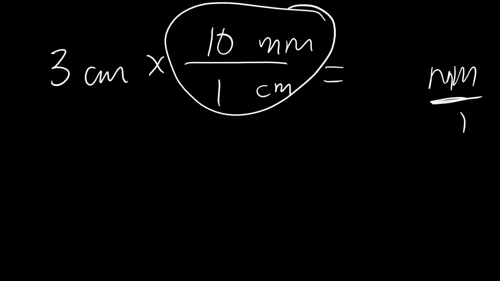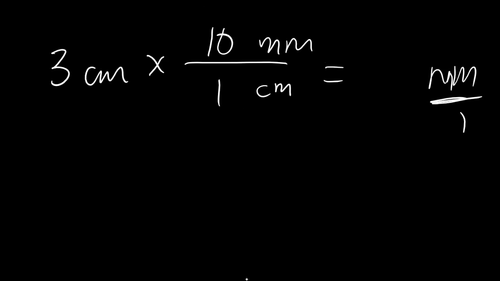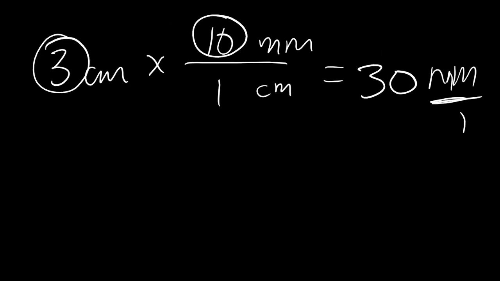And we also know that any number divided by a number that it's equal to is always going to be 1. So this is why this conversion rate still works. So what do we get? 3 times 10, 30. So our answer, 30 millimeters.